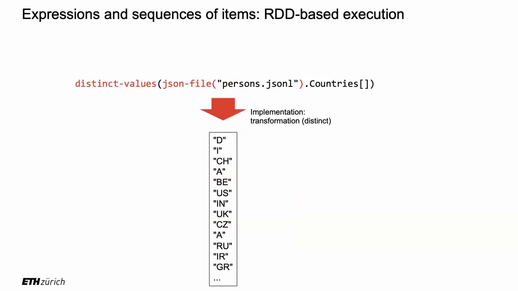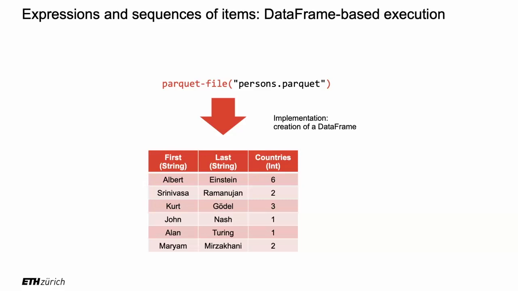So now we have the local execution, we have the RDD execution, and then we have the data frame execution. When the data happens to be valid, for example, because we read a Parquet file, and then we have a schema in there, then it's preferable to use a data frame than an RDD because it's much smaller in memory.